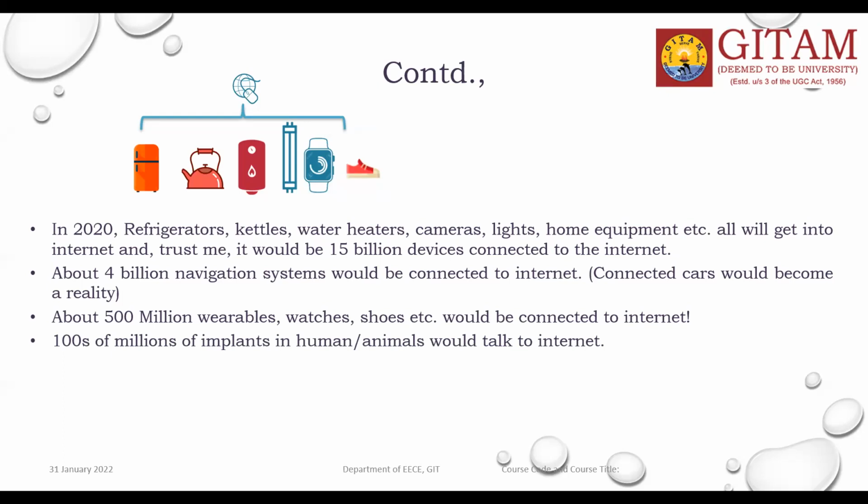Many patients throughout the world, hundreds of millions of human beings and animals, have implants inside their bodies, and they are continuously monitored through the internet with respect to the implants.